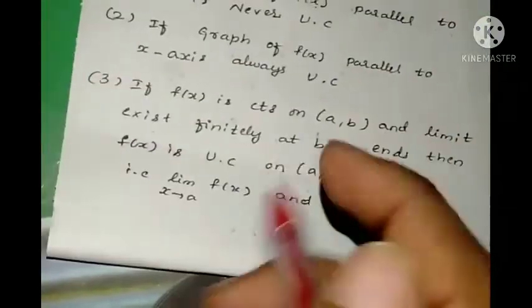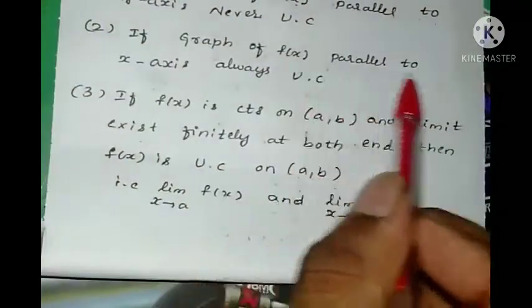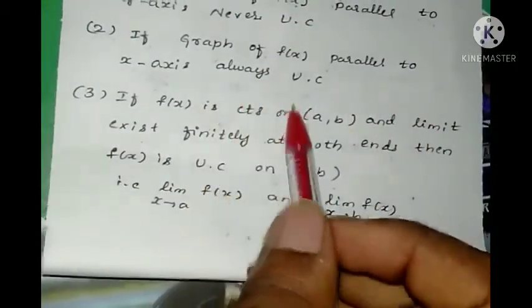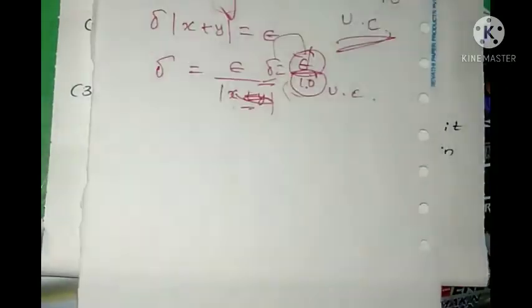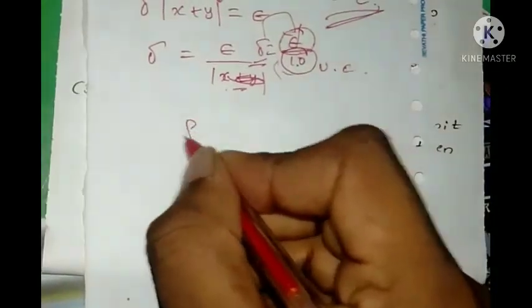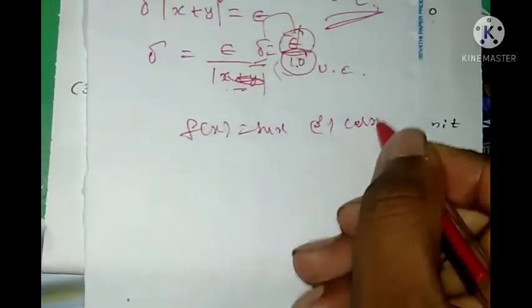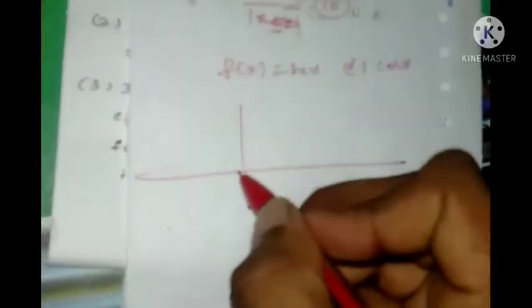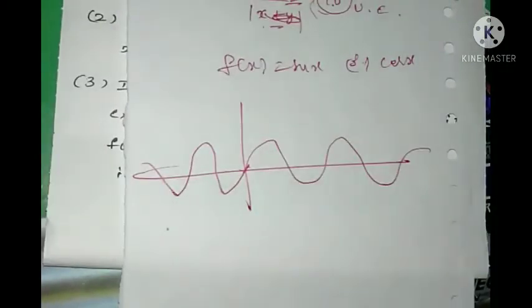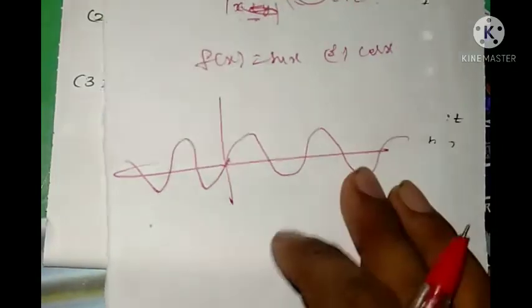Then the second point is, if the graph of f of x is not parallel to the y-axis, it is always uniformly continuous. Suppose we take sin x. The function f of x is equal to sin x or cos x. The sin x graph is like this, yes or no? This is not parallel to the y-axis, so we say that this is uniformly continuous.